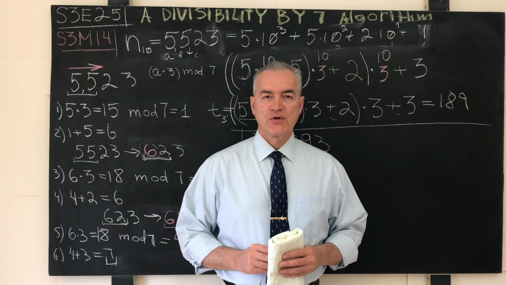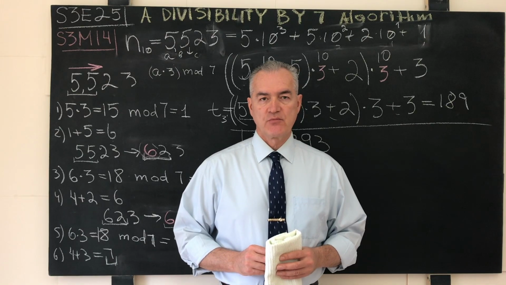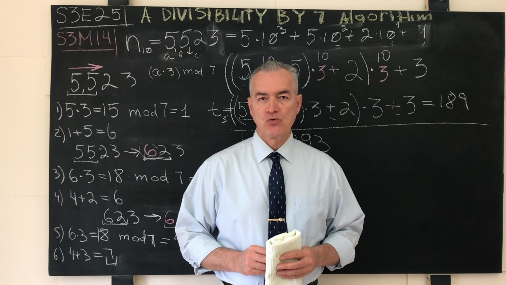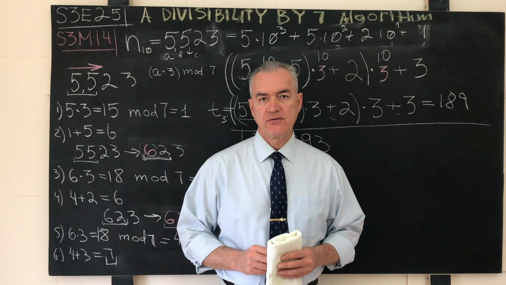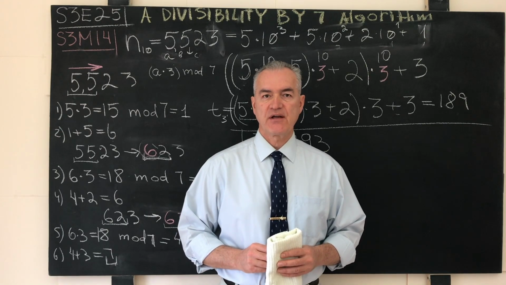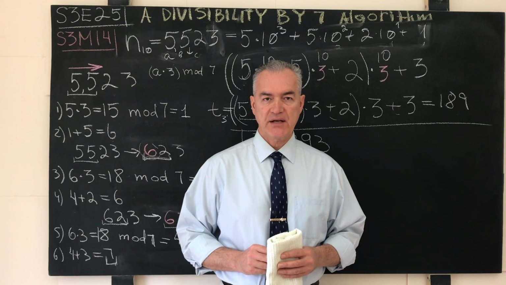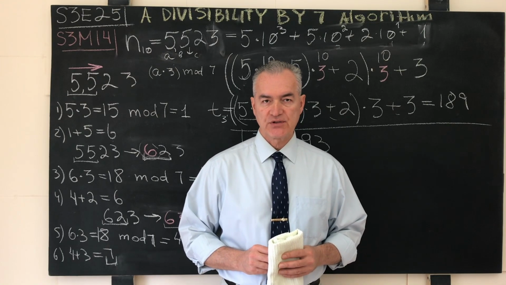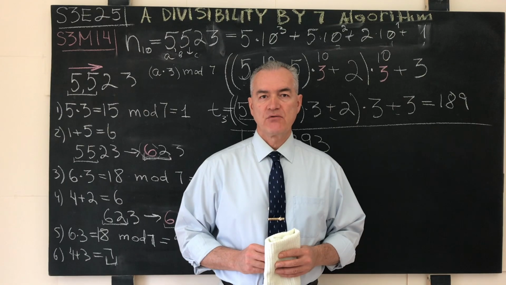Before we adjust our divisibility by 7 algorithm to make it more mental only arithmetic friendly, I would like to make it official and say that mental arithmetic has absolutely nothing to do with mathematics. Most mathematicians are not good at mental arithmetic.